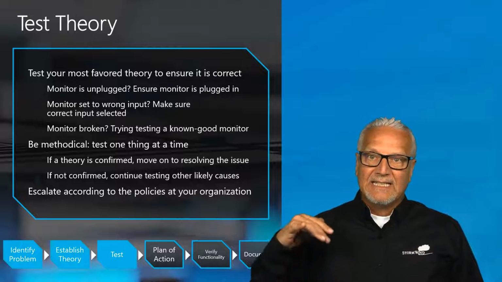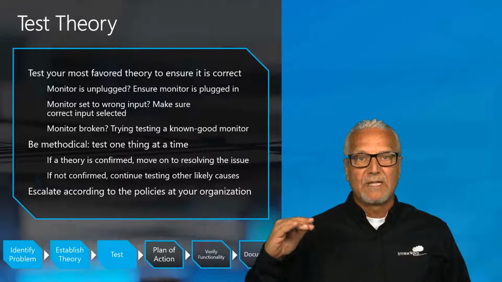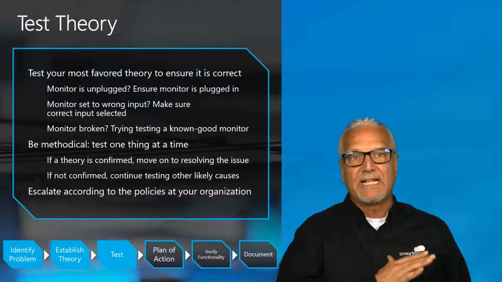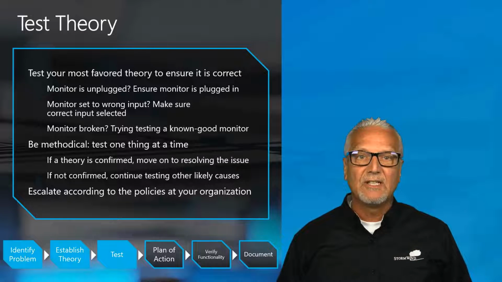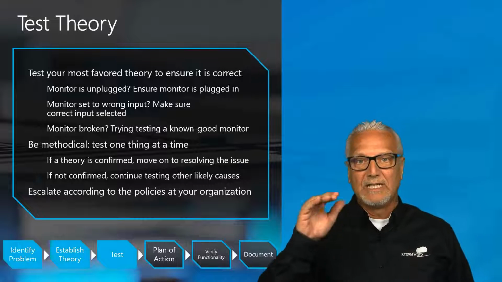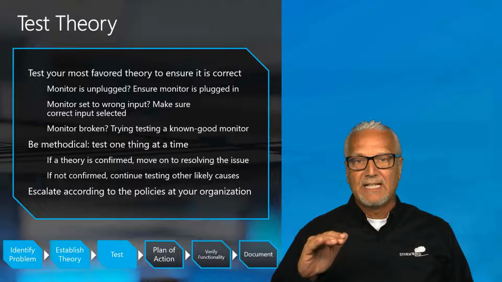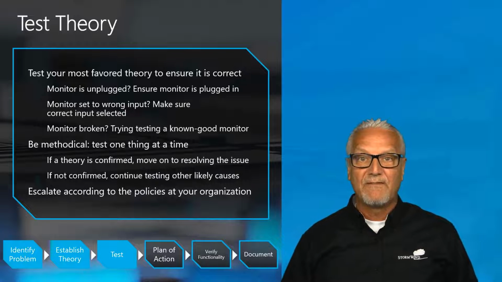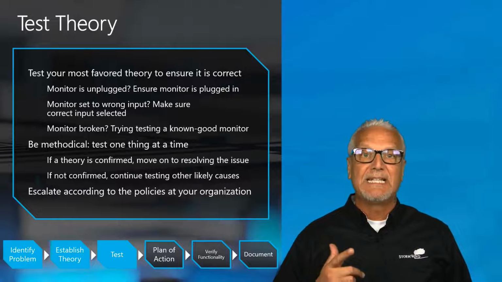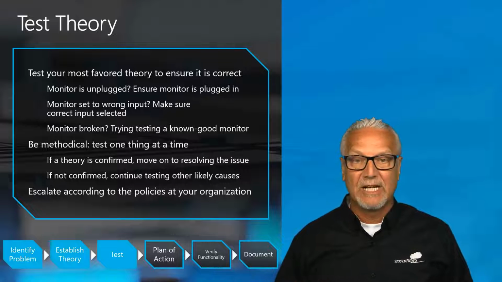Now, if your organization is one of the ones like I talked about, where you're testing the theory and you realize, hey, they're not getting their email from Exchange Online. That's a Microsoft 365 problem. It's probably a DNS issue. We need to check on that.